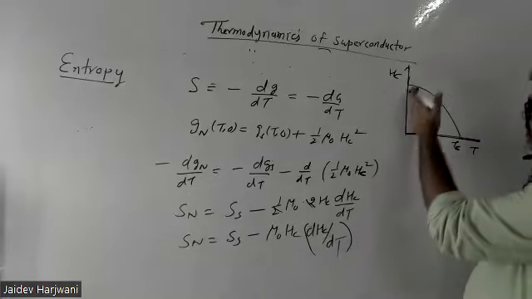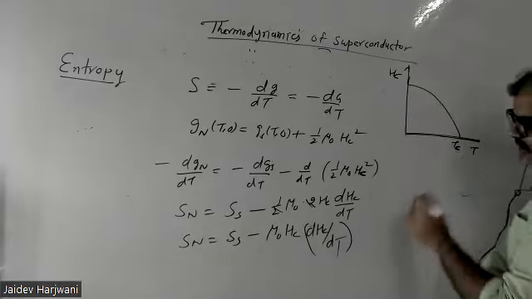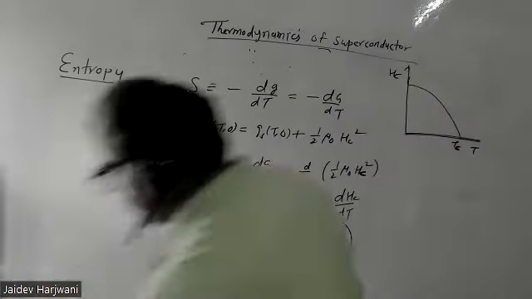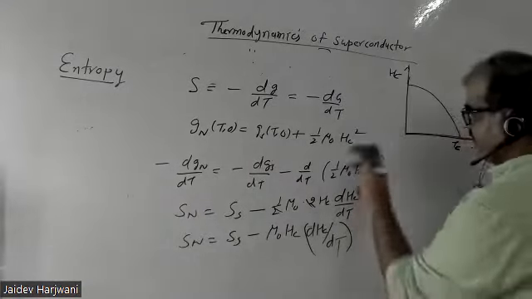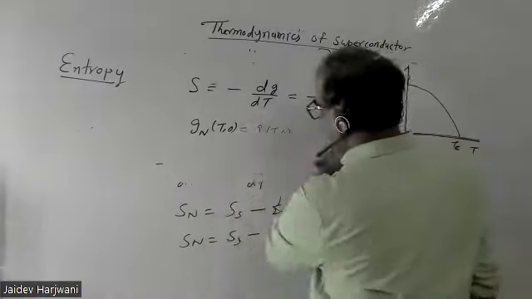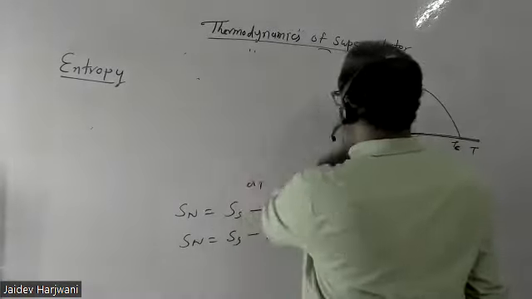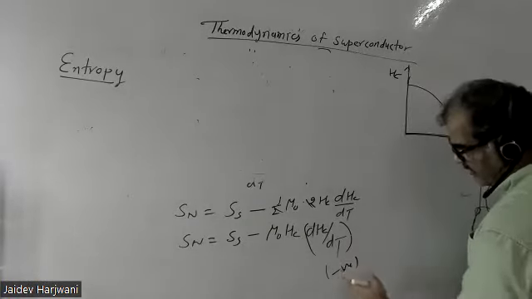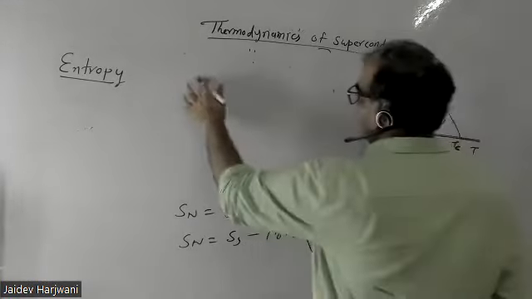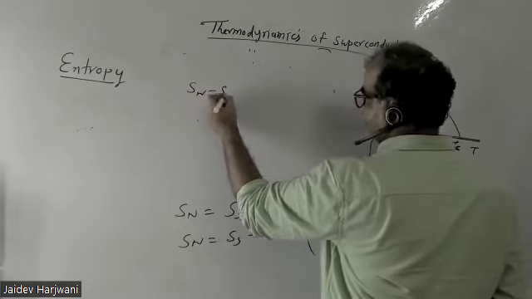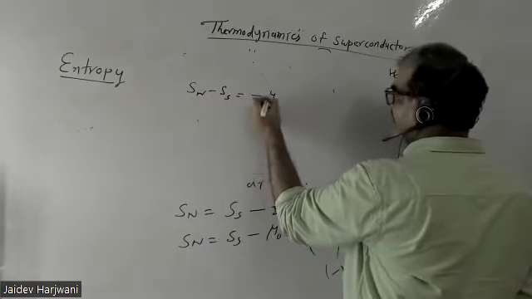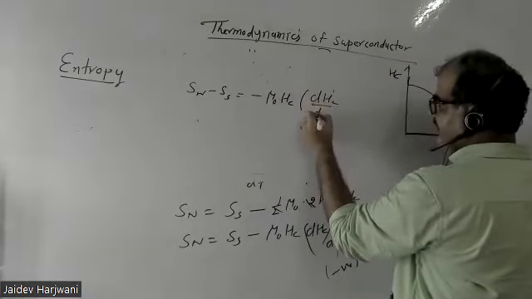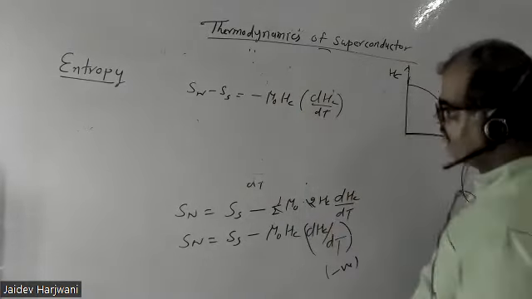Negative, because you can see this graph. So negative times negative gives positive: Sn minus Ss equals minus mu naught Hc dHc upon dt, and since dHc upon dt is negative, you have positive.